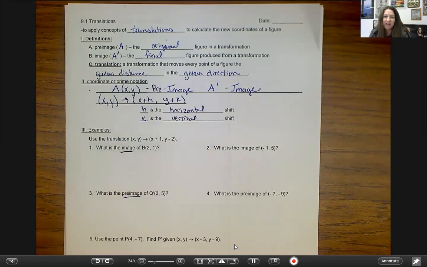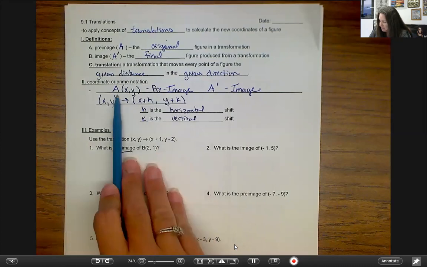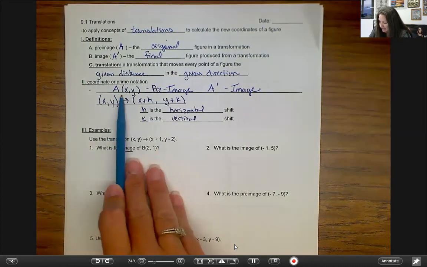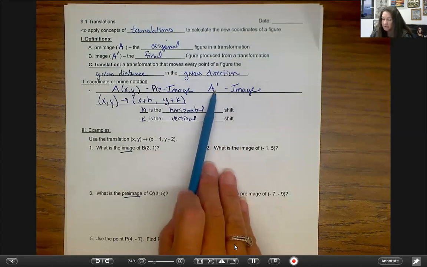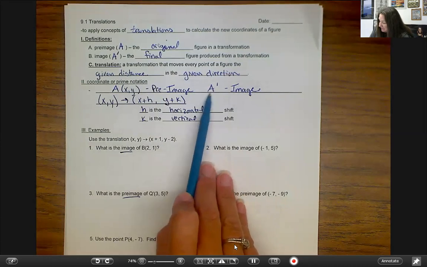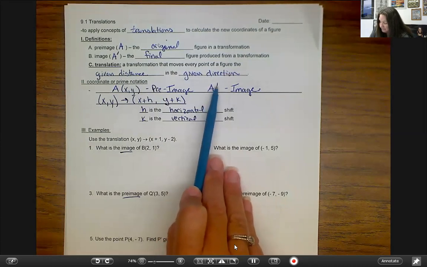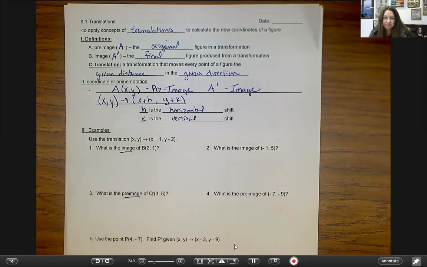So when we describe a translation, we're going to start with our pre-image. Our original coordinate would be located at x, y, and it would be labeled as point A. Once we perform the transformation, those coordinates are going to change and then be located at A prime after the transformation, and this is considered our image.